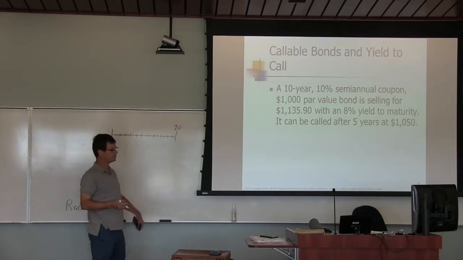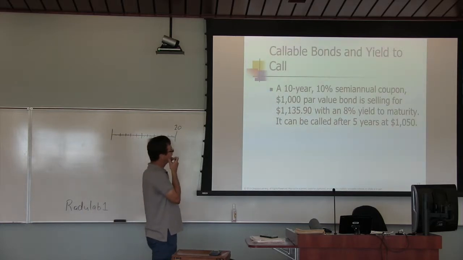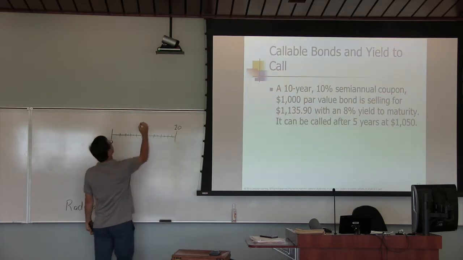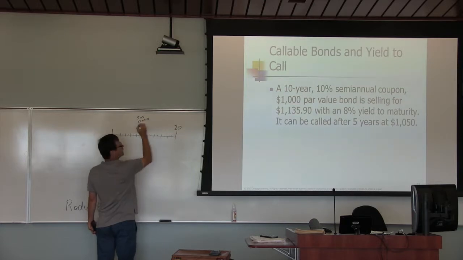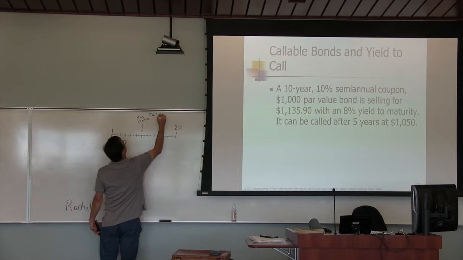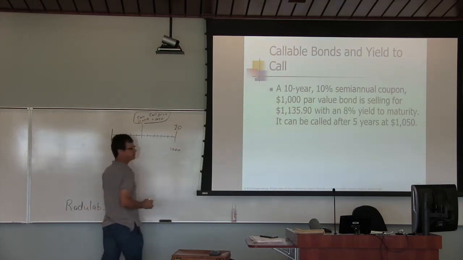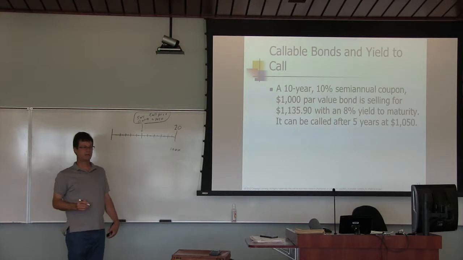Splitting them in half, doubling up the number of periods here. It can be called after 5 years, right? So at 5 years, it implies n equals 10. Right there, we have a call price of $1,050, in contrast to the usual face value of $1,000 on that bond, right?